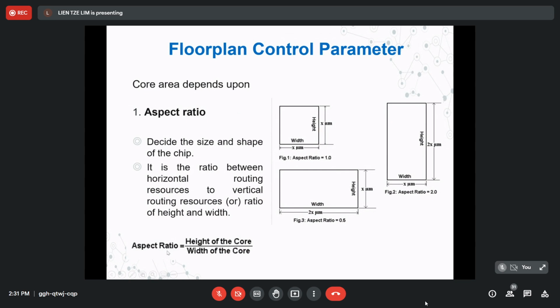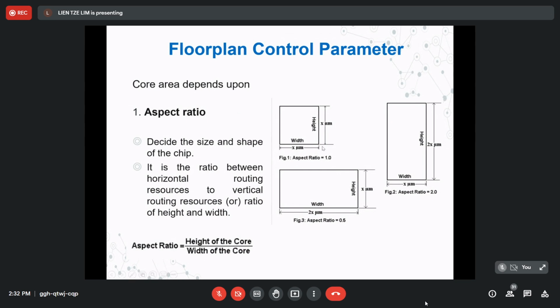As I remember, aspect ratio should be width over height. I referred to one of the websites, so you may have to verify yourself. But according to this, the measurement given here is height over width.